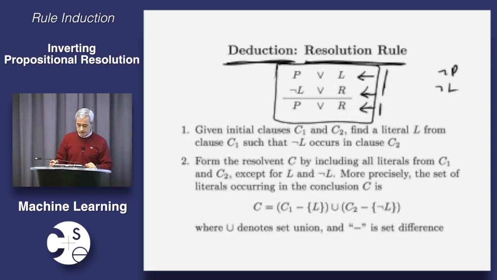So another way of saying this is that P or R is a deductive consequence of P or L and not L or R. If I know those two things, it follows with complete certainty that P or R.